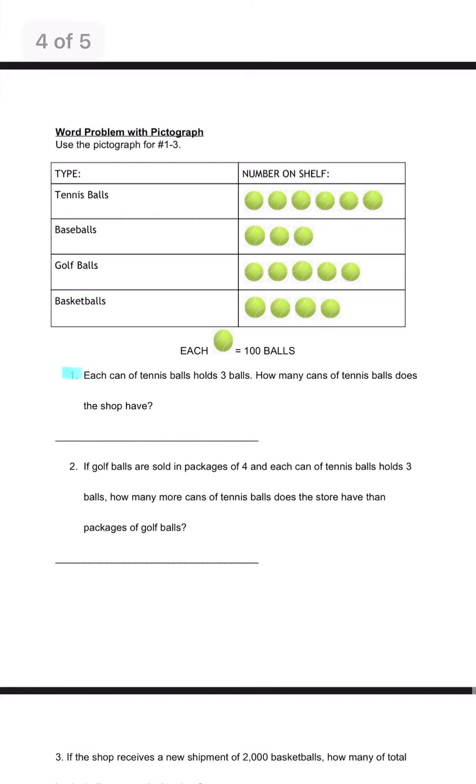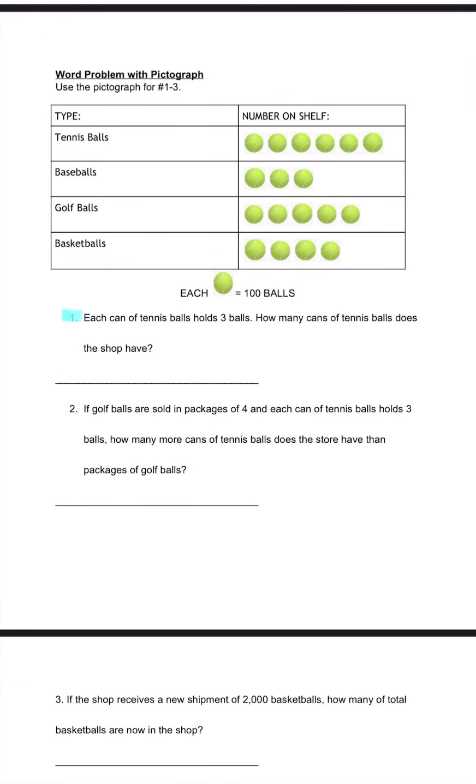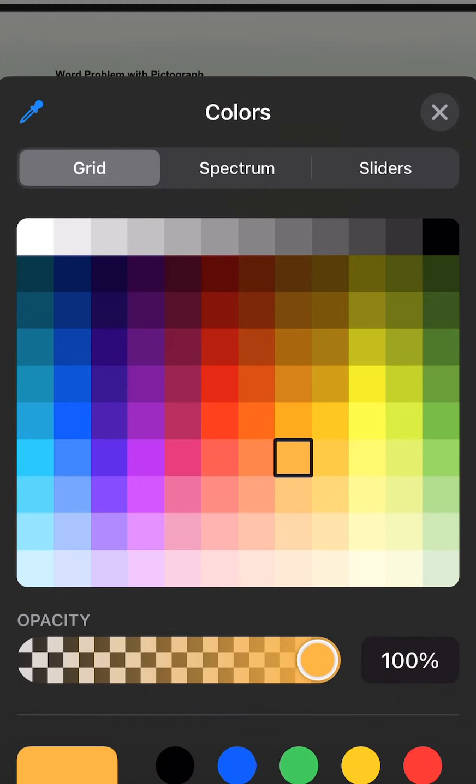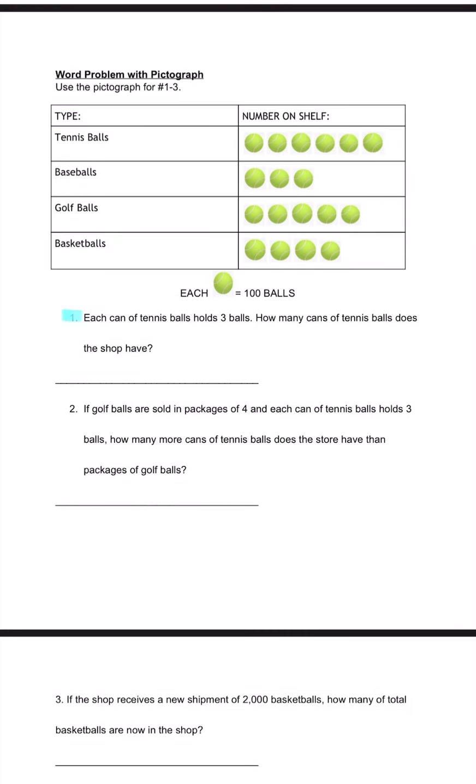And lastly, today we're going to be doing word problems with pictographs. This is called a pictograph because it's pictures on a graph. There's one key thing that you want to know for this graph, which is going to be right here. It's each ball equals 100 balls.